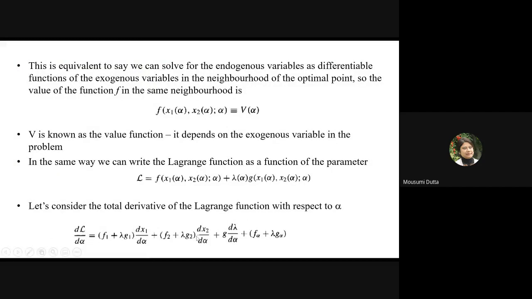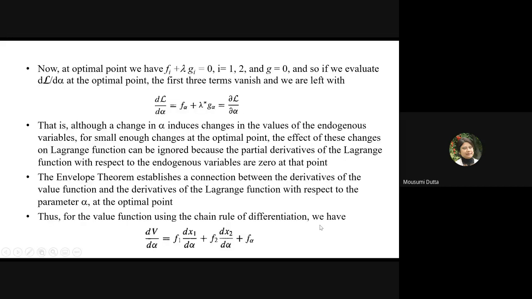So it is dL by d alpha. Already we did this. dL by d alpha is equivalent to del L by del alpha. Although a change in alpha induces changes in the values of the endogenous variables, that is, dx1 by d alpha, dx2 by d alpha, all these things are non-zero, these are not equal to 0.